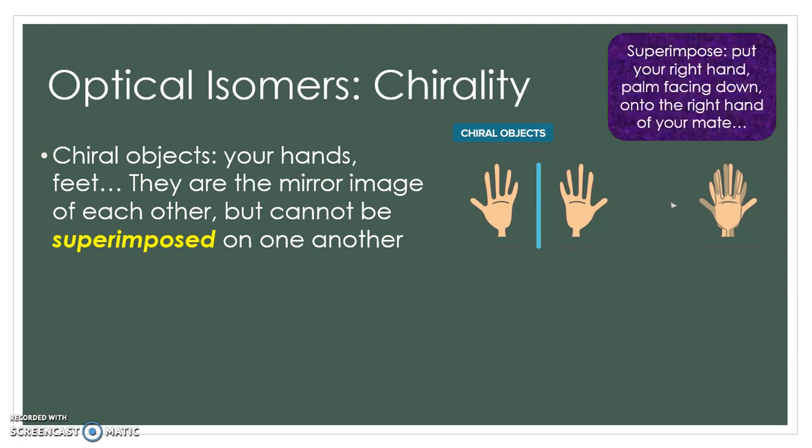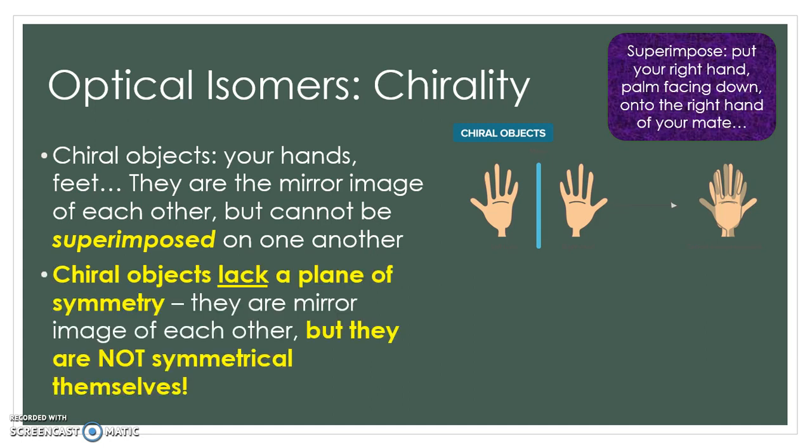What does it mean, superimpose? It means basically what I said you do, right? You put the two things in the same spatial orientation to see if one can fit exactly onto the other. Okay. So chiral objects normally lack a plane of symmetry. That's mostly why they are chiral objects. They are mirror images of each other.